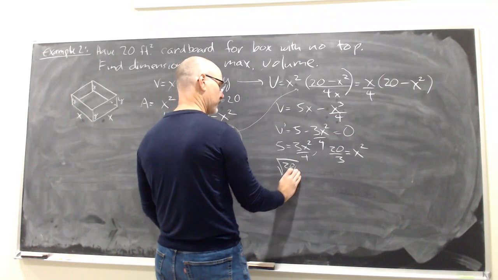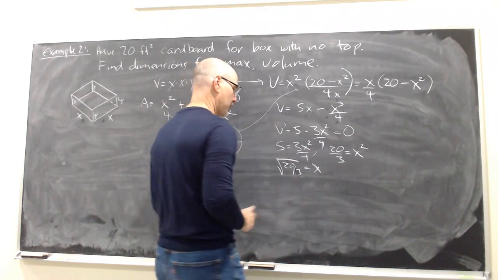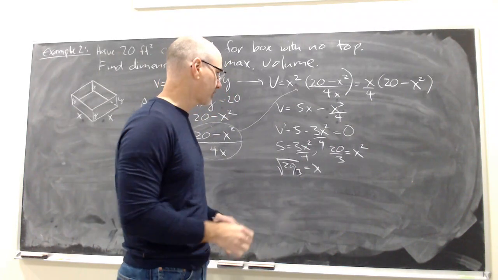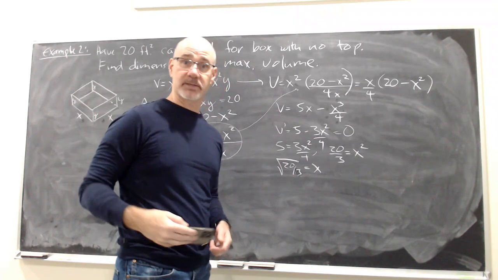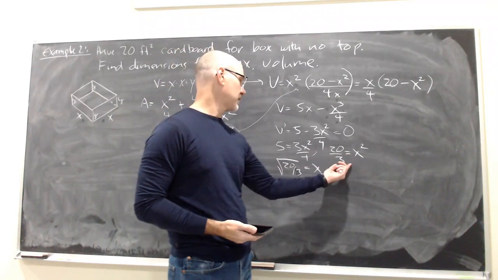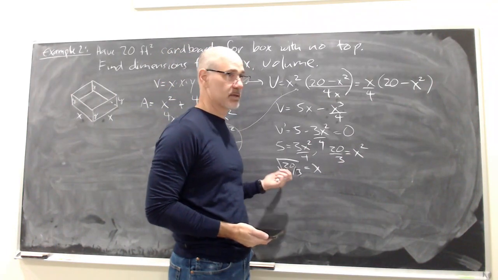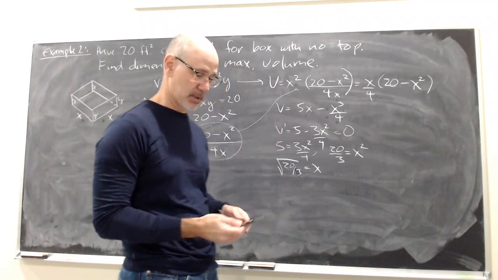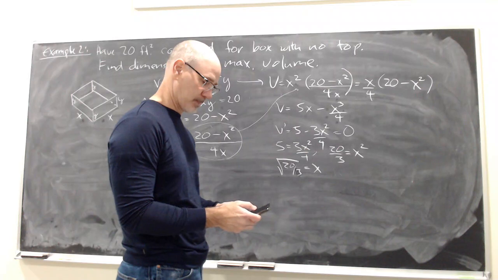And so x is the square root of 20 divided by 3. We're dealing with an actual box, and so we can ignore any, right, if x squared was 20 over 3, we could have minus the square root of 20 over 3, but that doesn't make sense when you're building a box. So we can ignore that negative answer.